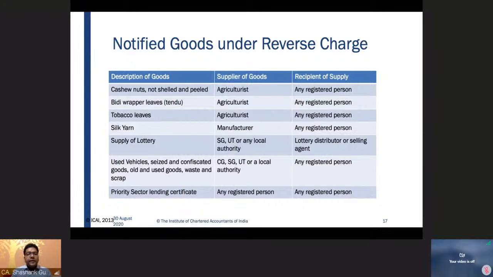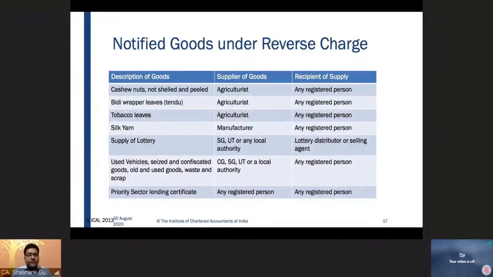Similarly, wrapper leaves, or they are often referred to as tendu leaves, when supplied by an agriculturist and the recipient being any registered person, it will be the recipient who will be liable to pay the applicable tax under reverse charge.